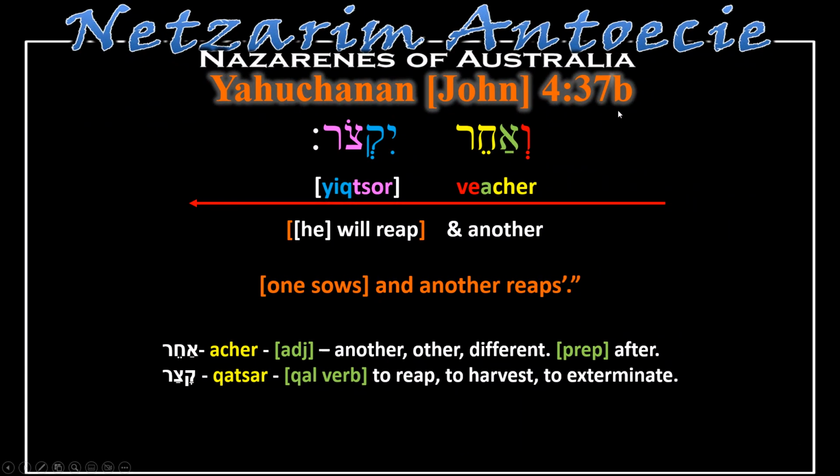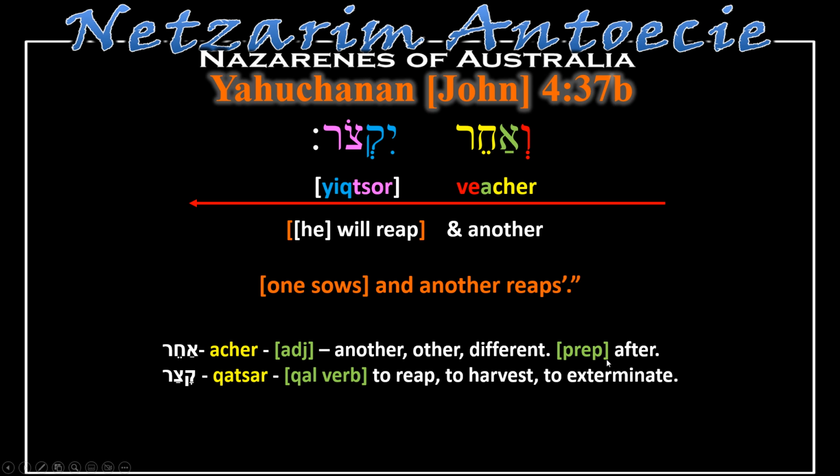And we come to 37b, and we have a vav, an aleph, a chet, a resh, yod, kuf, zade, resh. And we read it, ve'acher, and another. Acher, if we look down here, acher is an adjective, means another, other, different.